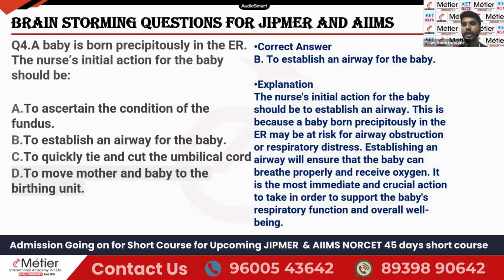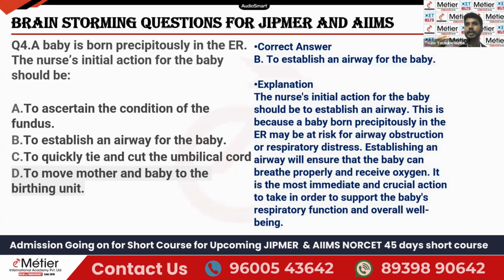Everyone knows airway, breathing, circulation. So the airway of the baby is very much important, especially in precipitous labor. The rest we also have to do, but not first. Quickly tie and cut the umbilical cord: at least we have to wait for 1 minute. Delayed cord clamping is always good rather than early cord clamping. Early cord clamping, when will you do it?